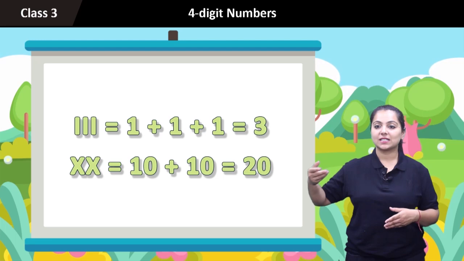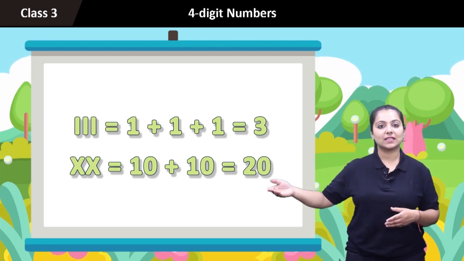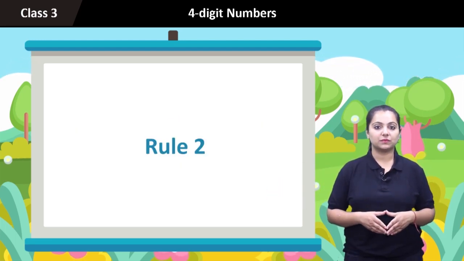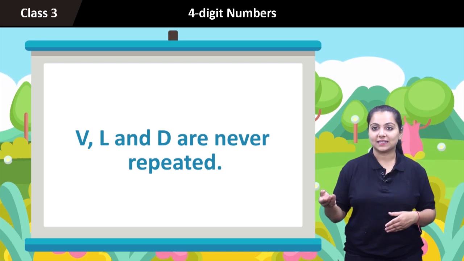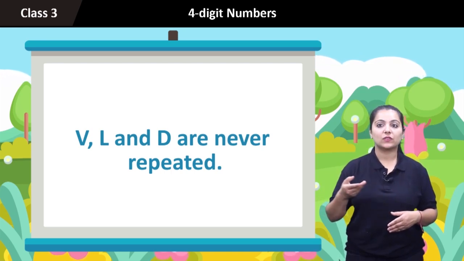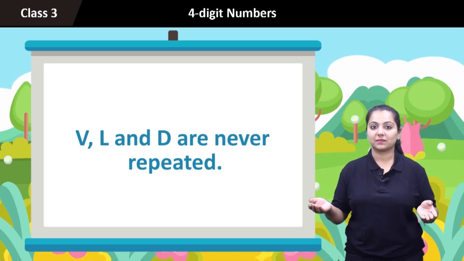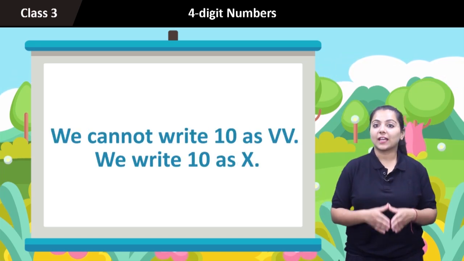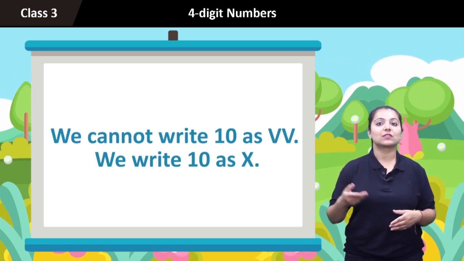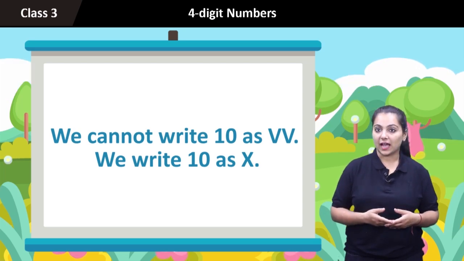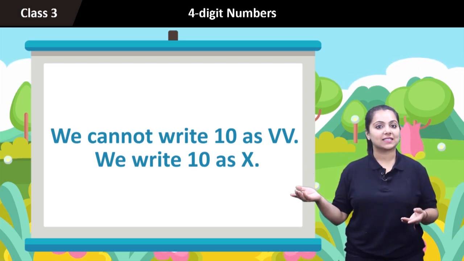XX gives 10 plus 10, 20. Rule number 2. V, L and D, that means 5, 50 and 500, are never repeated. For example, we cannot write 10 as VV. We write 10 as X.